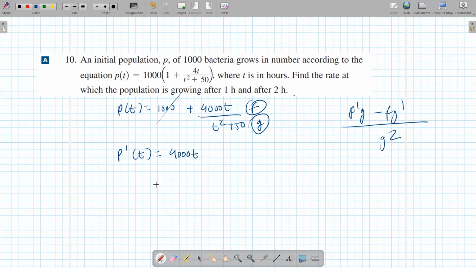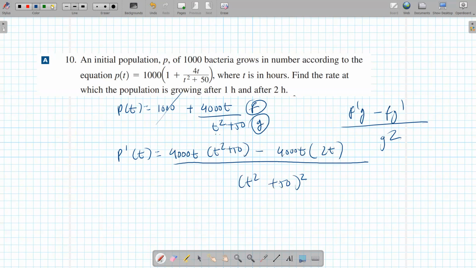If it's 4x, it's going to be 4, same idea. Times the second guy as it is, so t squared plus 50, minus the first guy as it is, times the derivative of the second guy. What's the derivative of t squared plus 50? 2t. Yeah, 2t. And all over this guy squared, right? Like that.